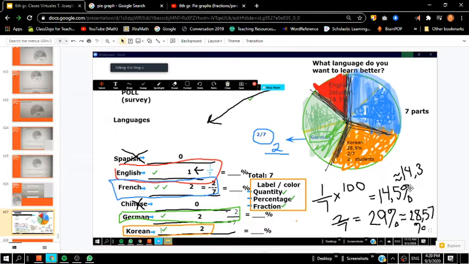All right, and since, for example, French had 2 people that voted, all we need to do is just double that number. So 14.3 times 2 equals approximately 28.57, or 29. All right, 14.3 looks kind of like this right there, that red section.